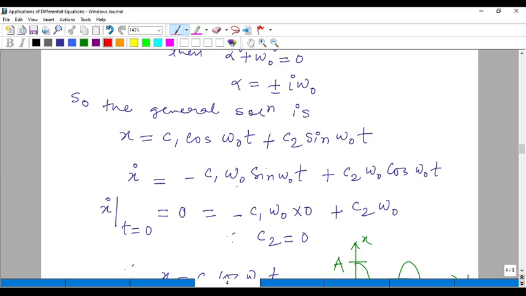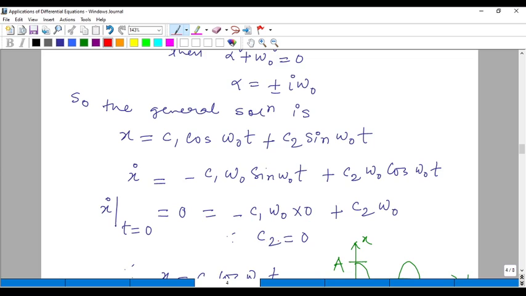Now from the velocity expression, first calculating the value of c2, we know that the initial velocity is equal to 0, that is x dot at t equal to 0 is equal to 0. And so we see that c2 equal to 0.